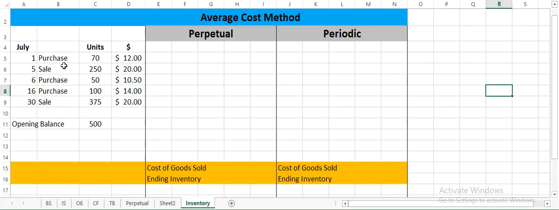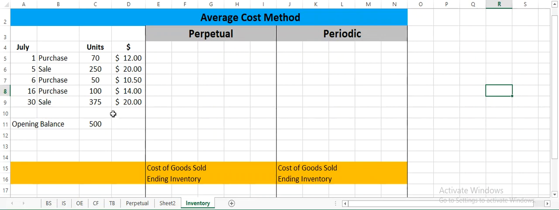On the first, they purchased 70 units and paid $12 for those 70 units. They sold 250 units at $20. We also say that they started with an opening balance of 500 units.